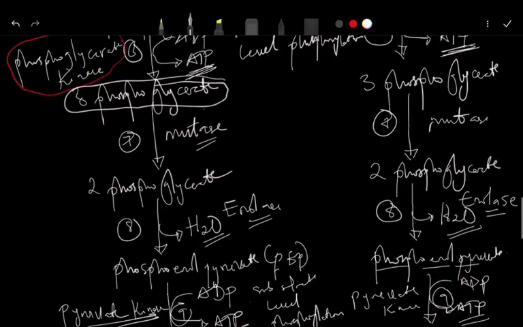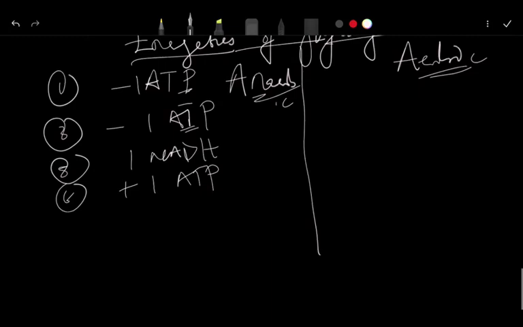So we form 2 NADH. Meaning at step 6 we form 2 ATP. Then again at step 9, which is another substrate level phosphorylation step, we form another 2 ATP.